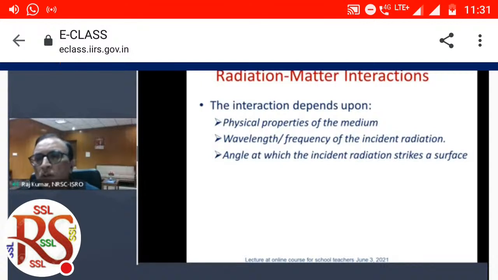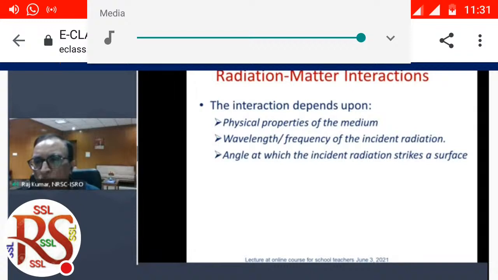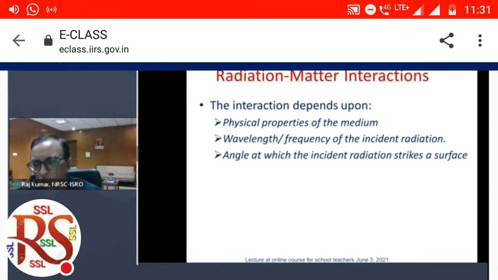Because these sensors work, as I said previously, from the optical 0.4 to 0.7 micron to 100 centimeters in the microwave. Depending on what type of frequency it is, and the size of your particles or different atmospheric constituents, it will have an interaction. It also depends on many other things, like polarization and angle.